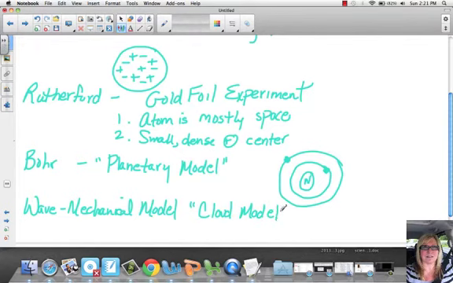And Schrödinger put in a lot of work toward this new model, in which electrons have both particle and wave-like characteristics.